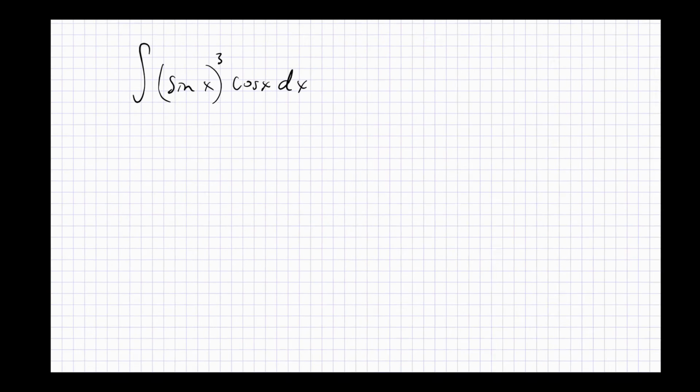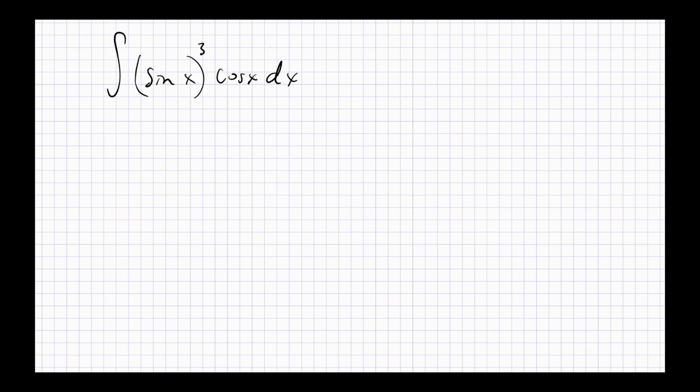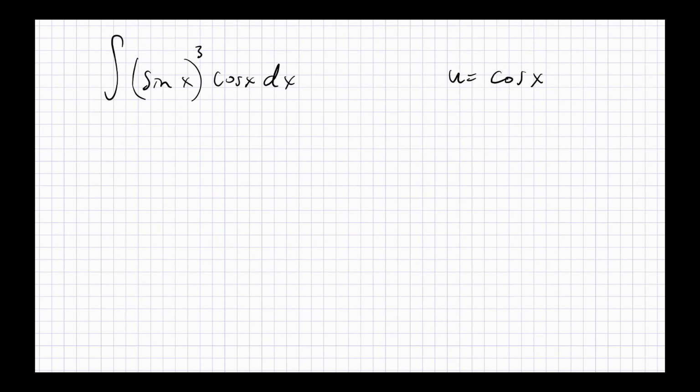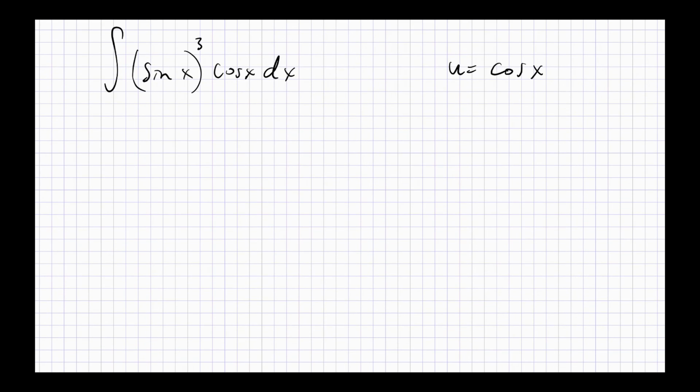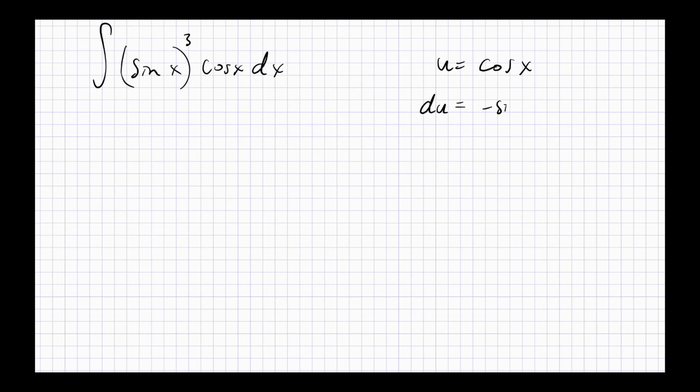Okay. So what if I choose cosine instead? Let's go down this rabbit hole. If I choose cosine as my u, what would my du be? Negative sine, which is there, right? That's in there. Okay.